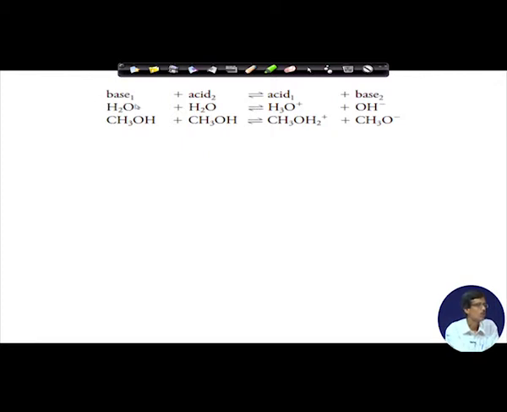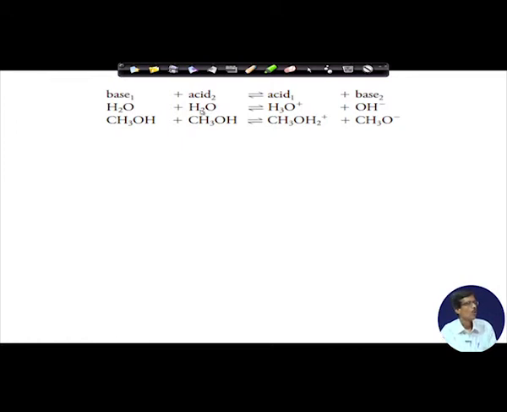So, the water molecule we are considering as acid can donate the proton. So, the donation of that particular proton is coming from this water molecule and is going to this base. So, this base will now be H3O plus, and the base remaining from acid 2 is HO minus.